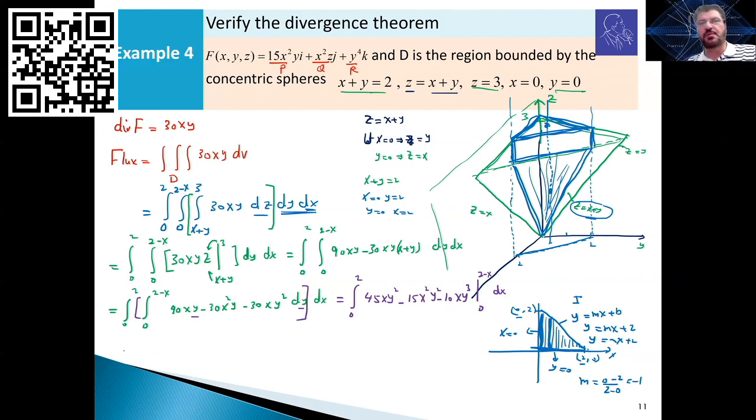Now we plug the 2 minus x in for y. So you have 45x times (2 minus x) squared, minus 15x squared times (2 minus x) squared.